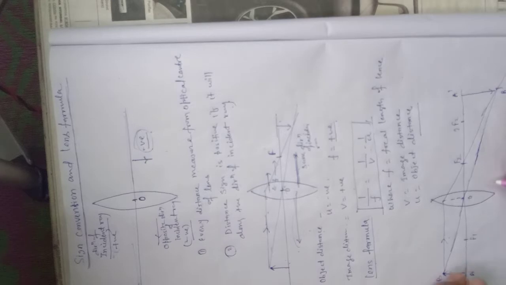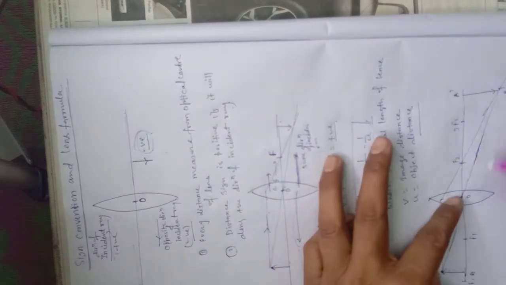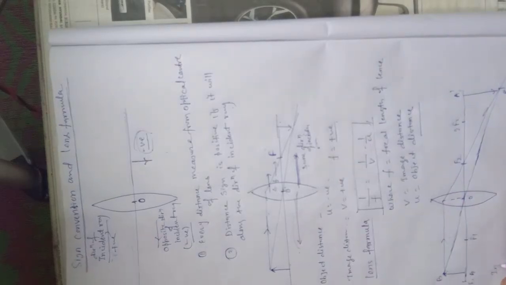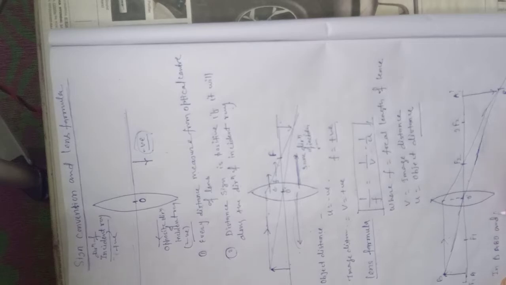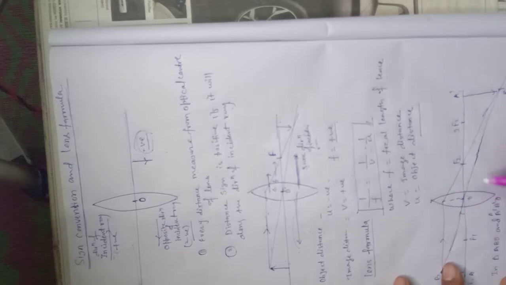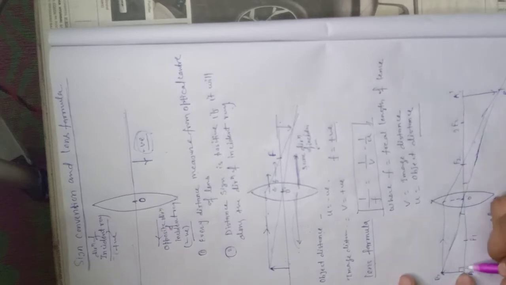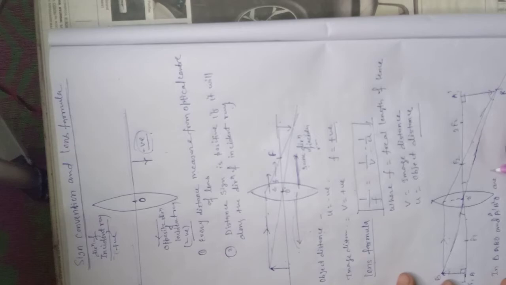First of all, we take triangle ABO and triangle A dash B dash O. Both triangles are similar because the opposite vertex angles are equal, both 90 degrees, and the third angle is automatically equal. So these two triangles are similar.